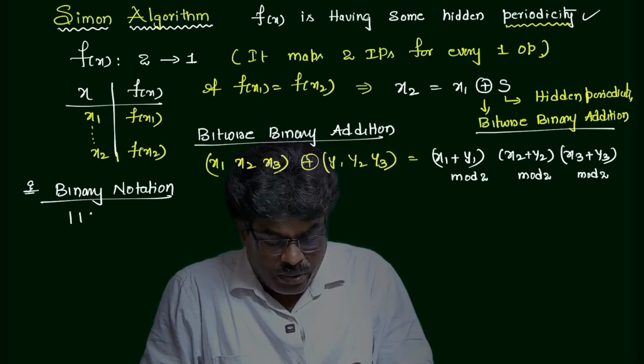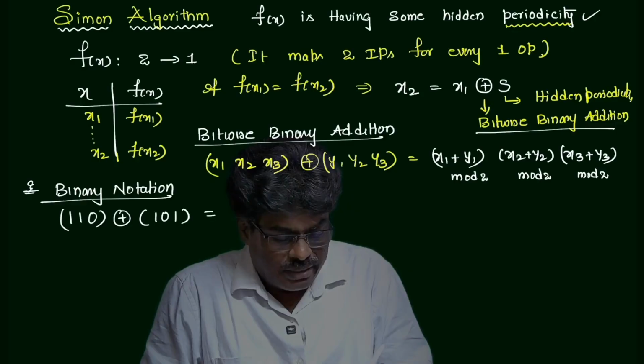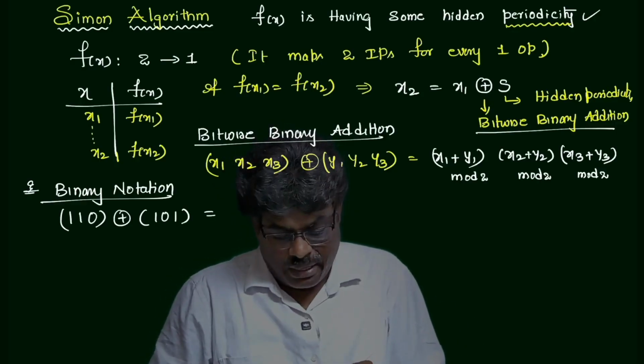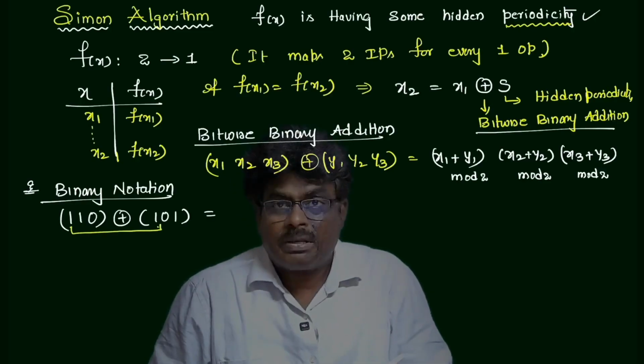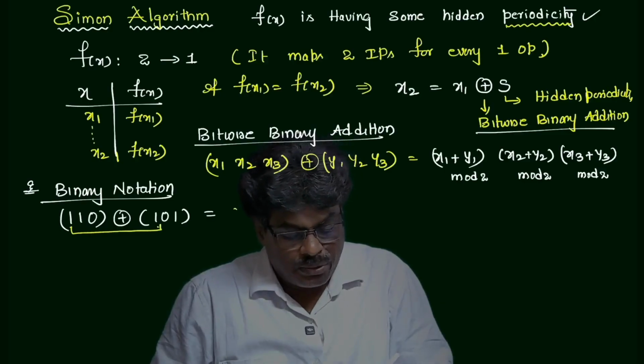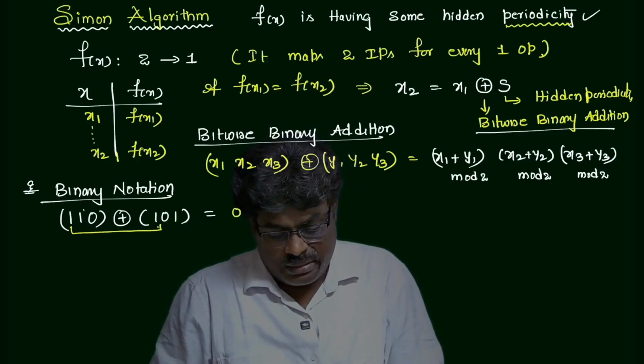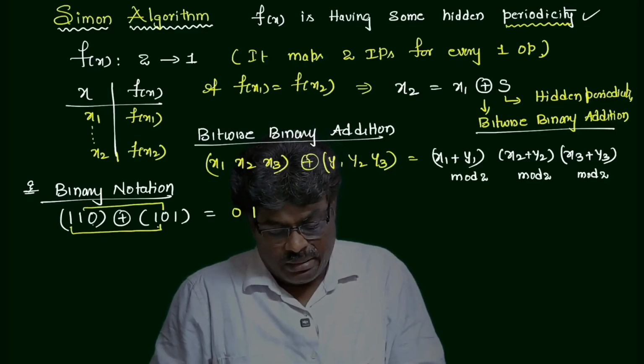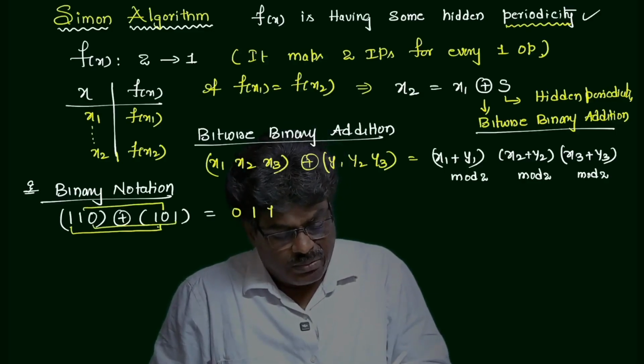Let us suppose 110 XOR 101. You have to add bitwise, remember. Here 1 and 1: 1 plus 1 is 2, if you take modulo 2, that is 0. Next 1 plus 0 is 1 only. Next 0 plus 1 is 1 only.